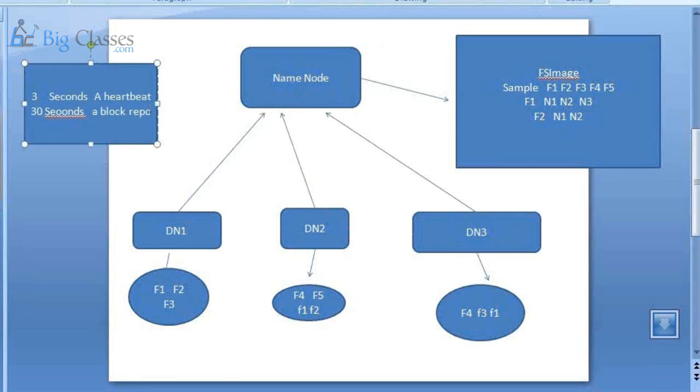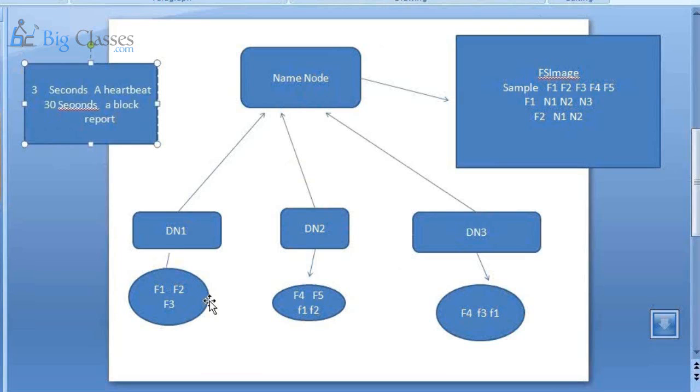Can anybody tell me? Heartbeat is just to say that I'm alive. Block report means: in this particular data node, this much is the space, within this space I have utilized this much, and these are the files that are available. And this is the free space that is available.